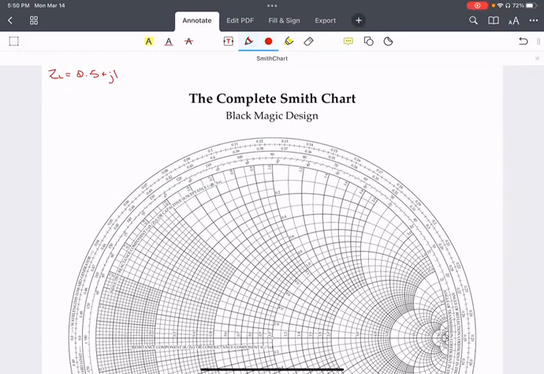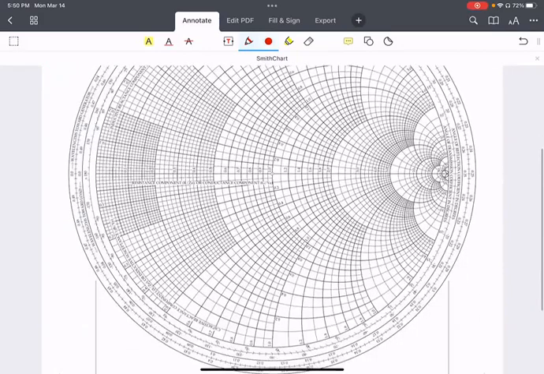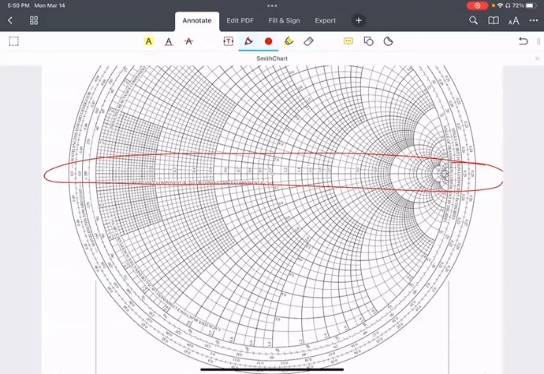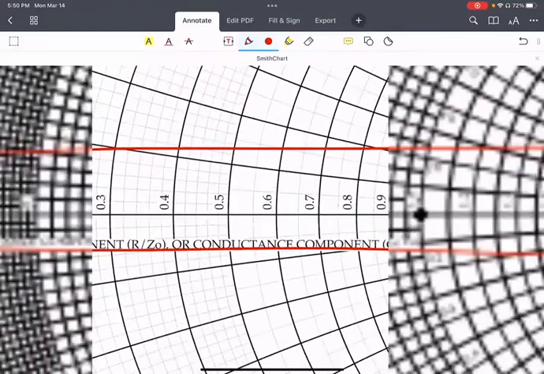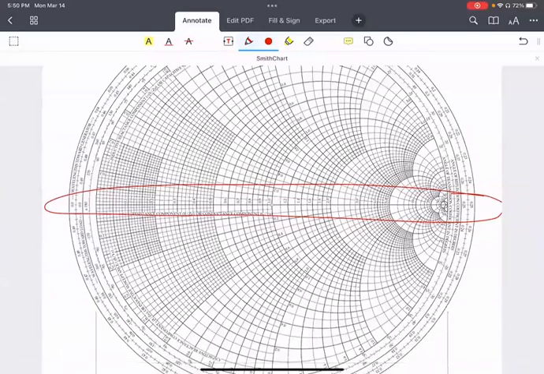Where's your head at? 0.5 where though? So you want to be at 0.5 on that? That's where we're looking. Now, just remember though, that 0.5 corresponds to everywhere.